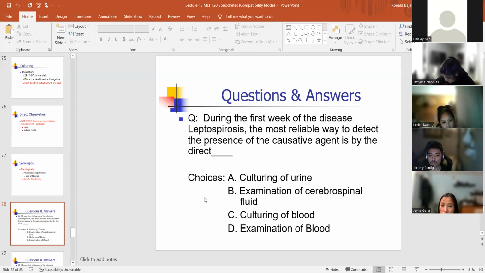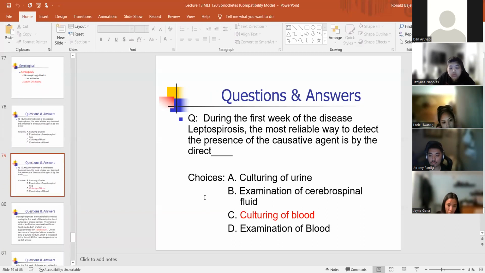This would be an early specimen, so it's either going to be blood or CSF. In this case, it's culturing of blood. After a week, or after 7 to 10 days, it would be culturing of urine.